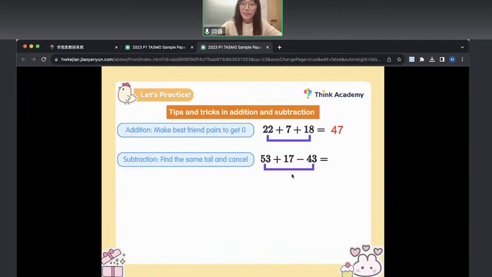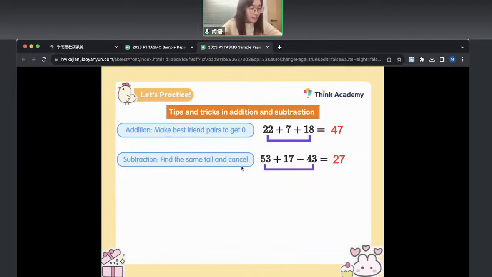So in this way, we can try to cancel them first. But do remember, when you do the calculation, don't miss the sign before the number. It is not 43, it is minus 43. So 53 minus 43, we can get 10. 10 plus 17 equals 27. So now you see that in this way, our calculation is easier, right?